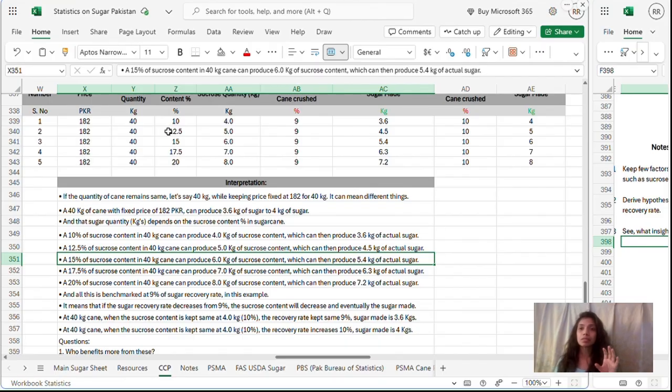So when we consider 40 kg, that 10% is applicable to every single cane in it. It is not that 40 kg has 10% sucrose content and 80 kg will have 20%. So no.